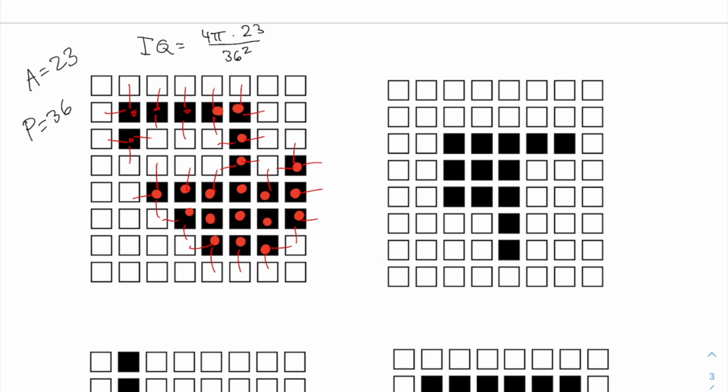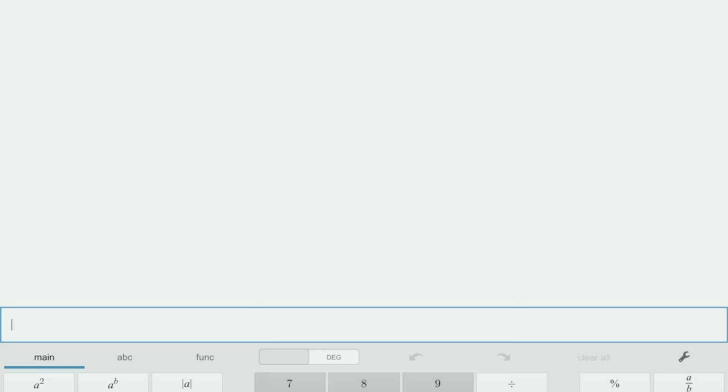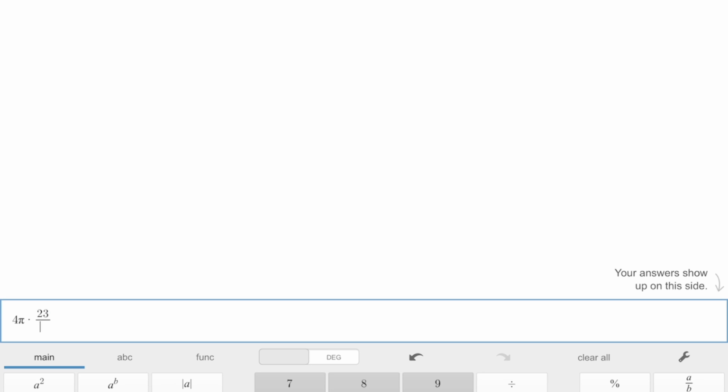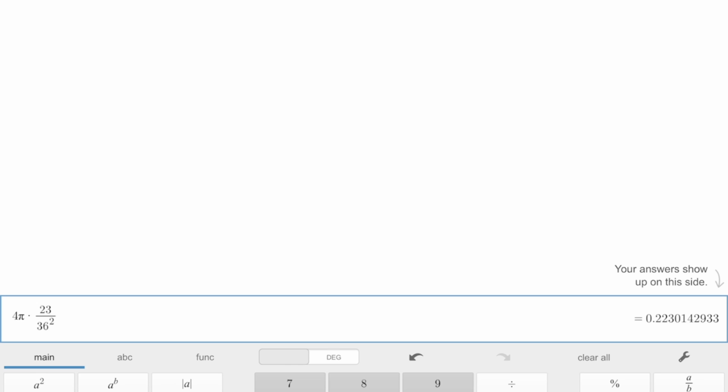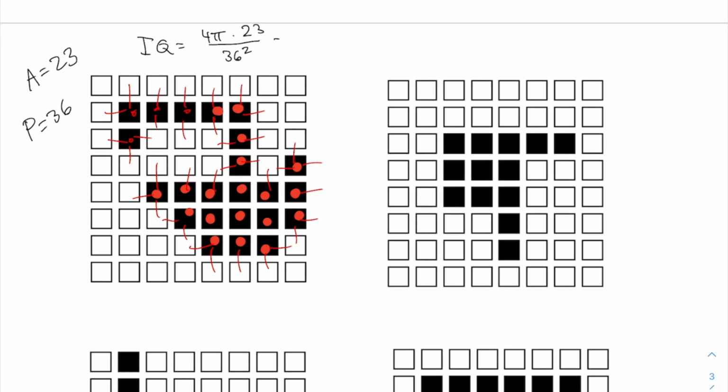If you like, for the sake of comparing this with the other ones, you can plug that into your calculator. 4 pi times 23 divided by 36 squared. 0.223 is what I got. So this is 0.22, or 22% if you like. All right? That's how we do the isoperimetric quotient.